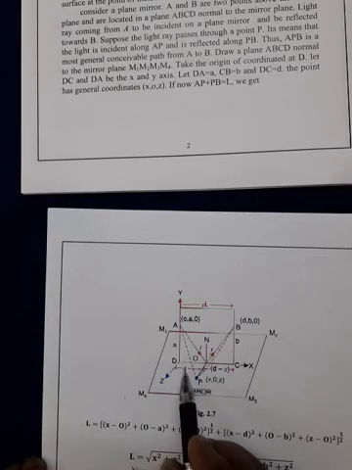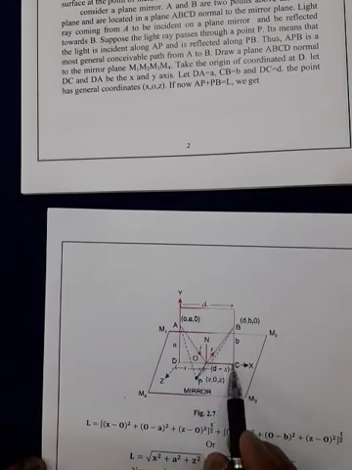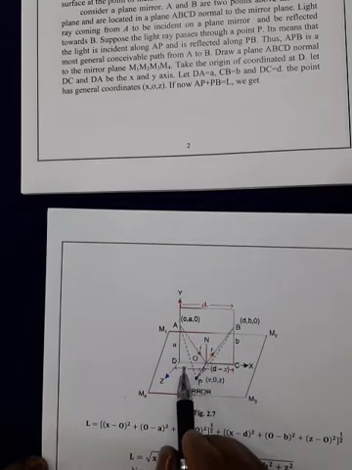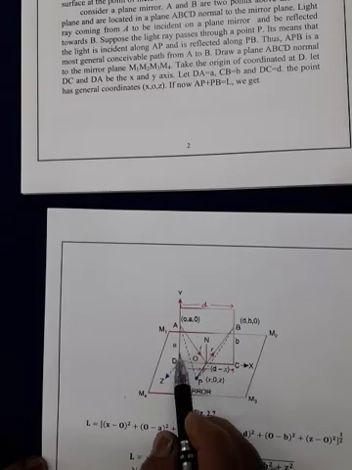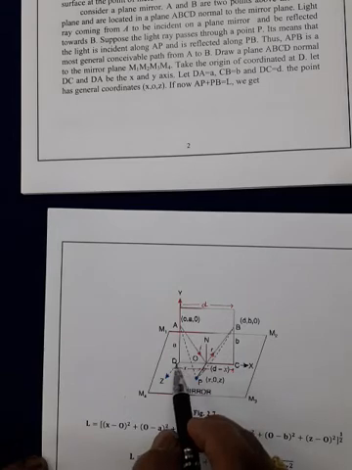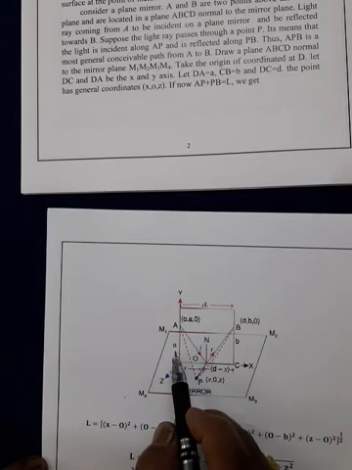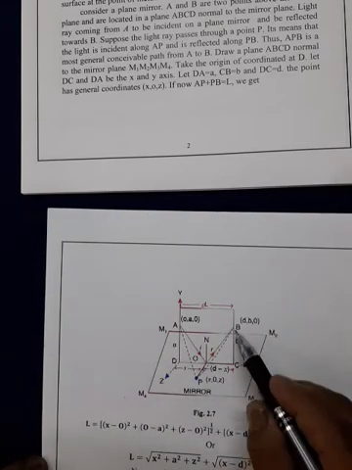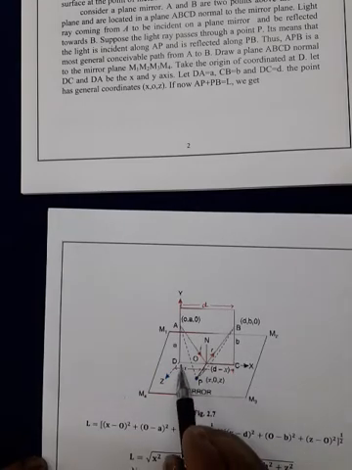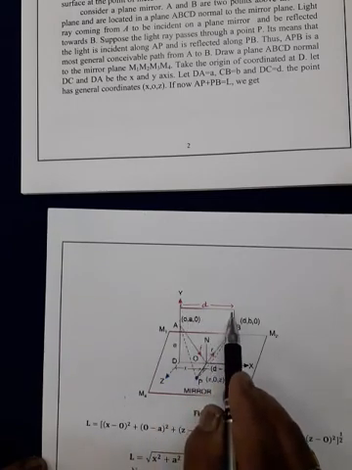Let DC and DA be the x-axis and y-axis. Let us consider the distance DA equal to small a, CB equal to small b, and DC, this length, equal to small d.